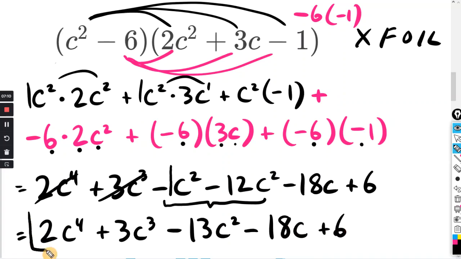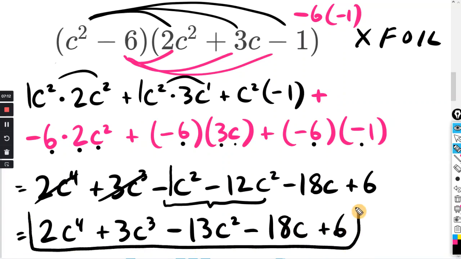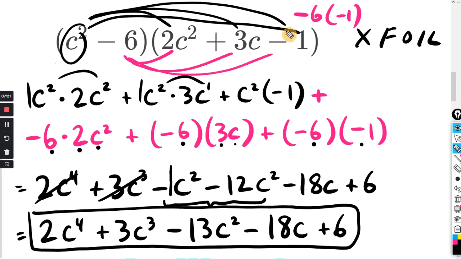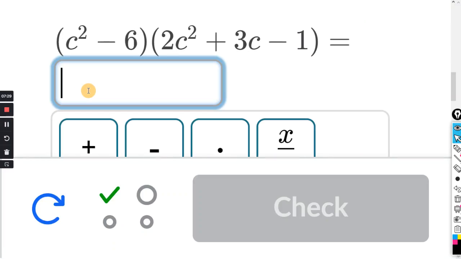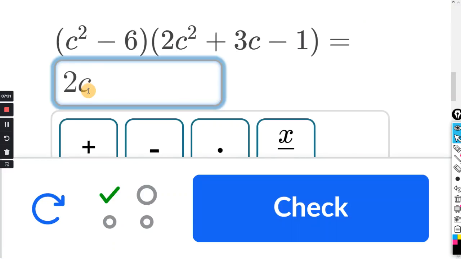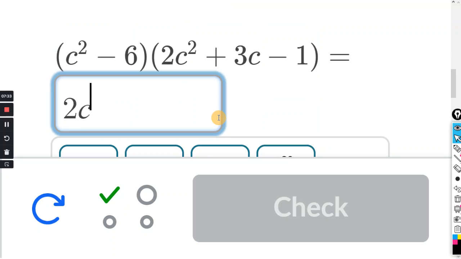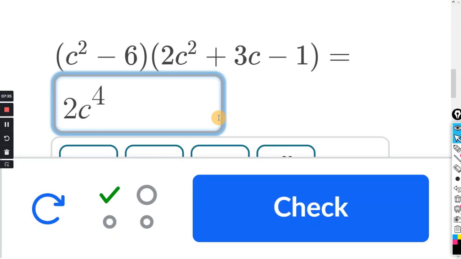So this whole thing is the answer. We didn't use FOIL, we just used distribute. We took the c squared and did all 3 terms, and then we took the negative 6 and did all 3 terms. So that's it. The first term was 2c to the 4th. There's the exponent button right there. Hit the right arrow key.